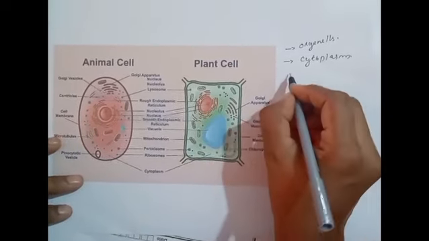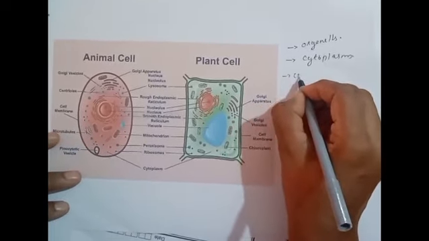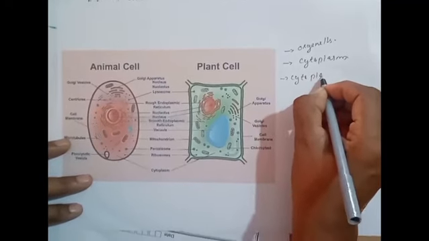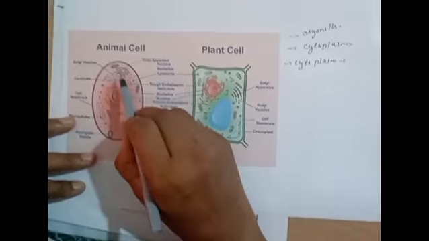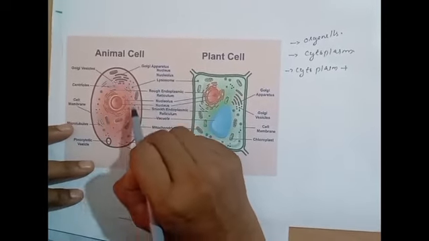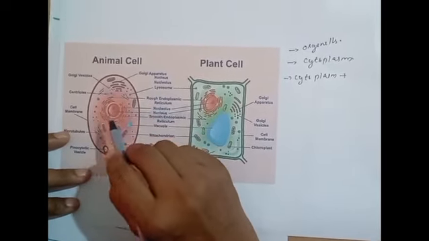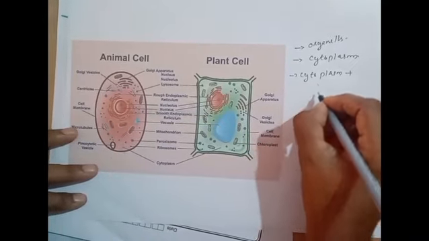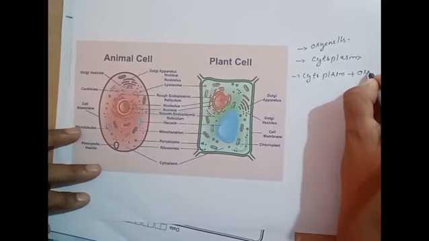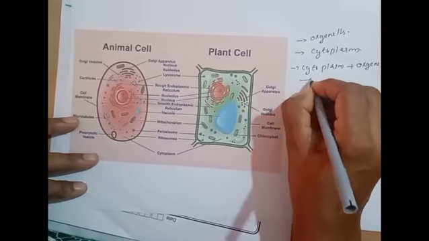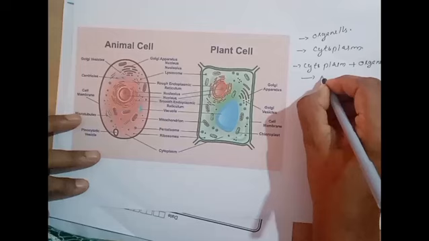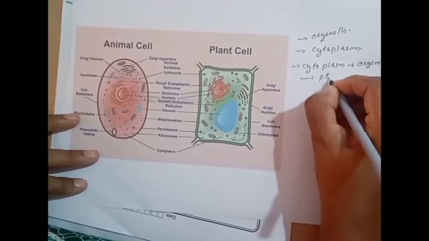Cytoplasm plus all the organelles, the subcellular particles, are collectively called protoplasm.